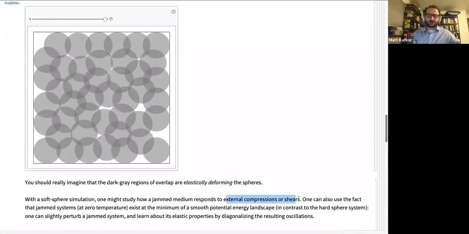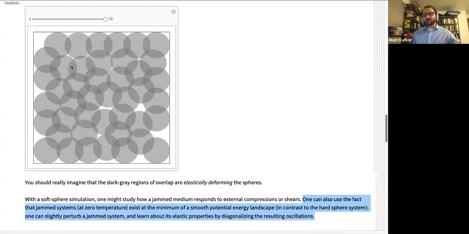So I already talked about external compressions or shears. You can also use this. I thought this was kind of cool. So the jammed system will exist at a potential energy minimum. And one way that you can get a handle on the elastic properties of the entire collection is that we have the position and velocity information of all of these particles, right?